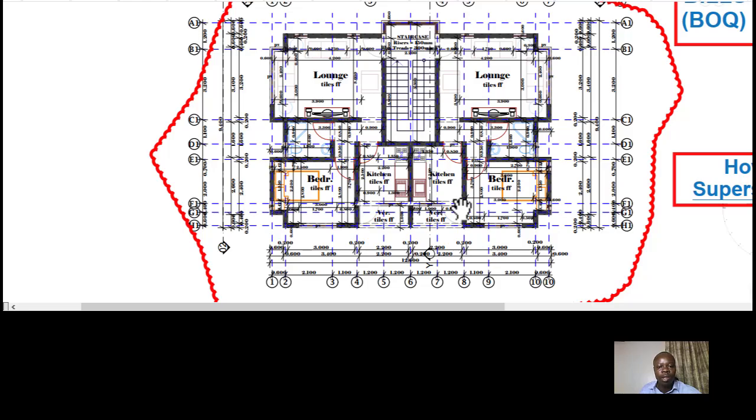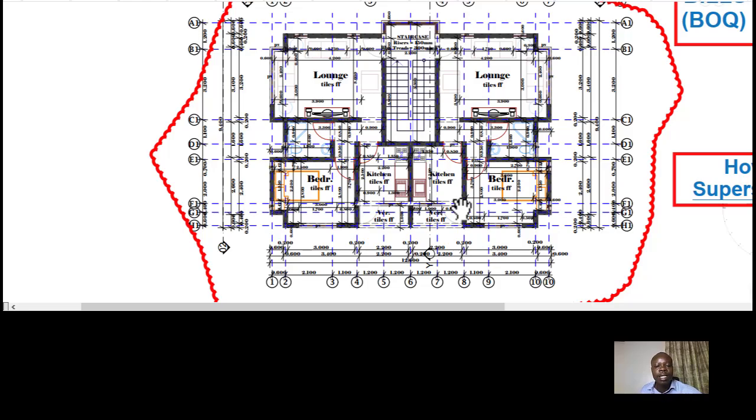Along the longitudinal direction on your screen, there is grid 1 to grid 10. Then along the horizontal planes, you'll notice there are grids running from A, B, and so on up to H. So it's always important that you take your walls in a procedural manner.